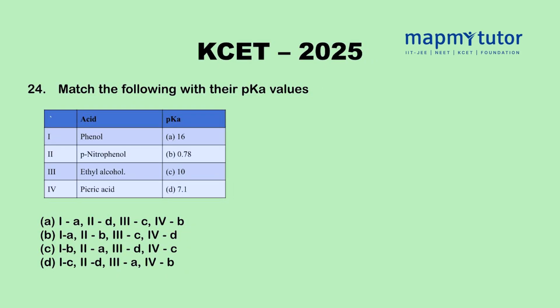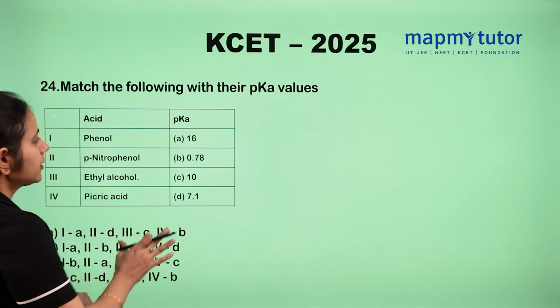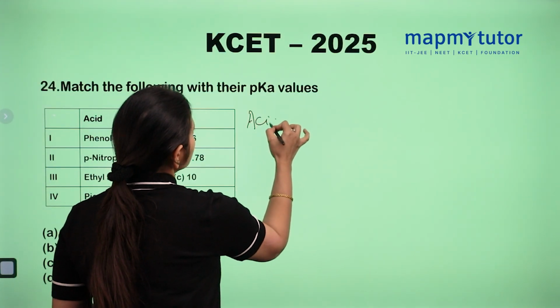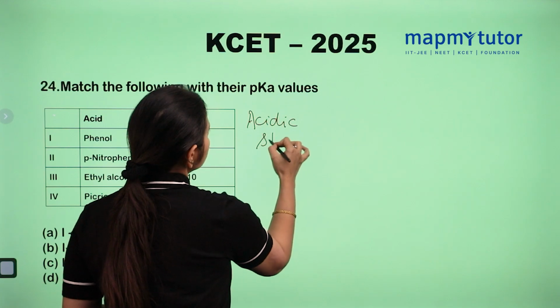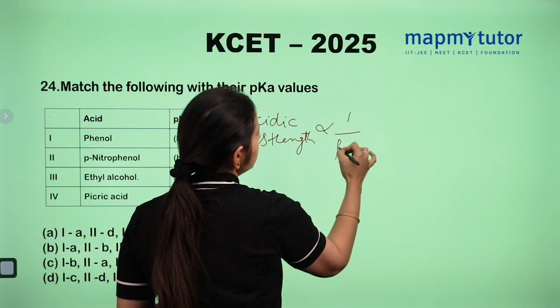Let's start with the 24th question, that is, match the following with their pKa values. In the question we are given 4 acids and their pK values. Now we know that acidic strength is inversely proportional to pH and pK.